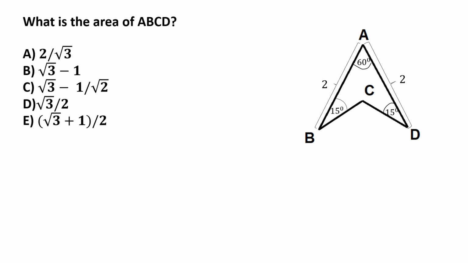We are given some dimensions, namely AB is equal to 2, AD is equal to 2, and some of the included angles, namely angle BAD is 60 degrees, then angle ABC is equal to angle ADC equal to 15 degrees. And we are asked to find the area of this concave quadrilateral ABCD.